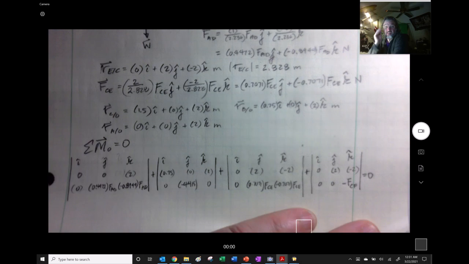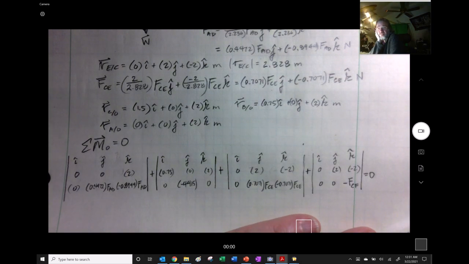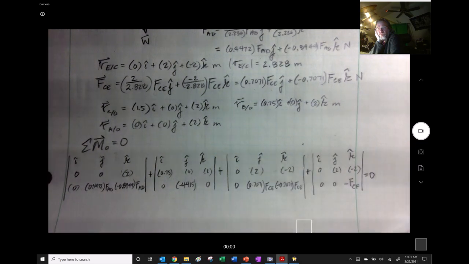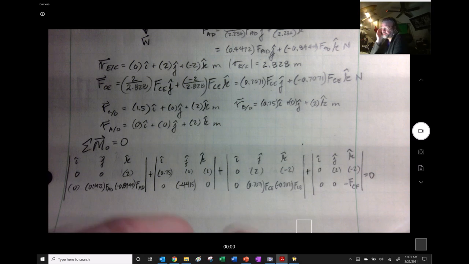And I'm thinking that I messed up. I still think that it's an unnecessary cable and could therefore cause us to have redundant supports. I don't know. Let's see. Maybe it doesn't do anything.